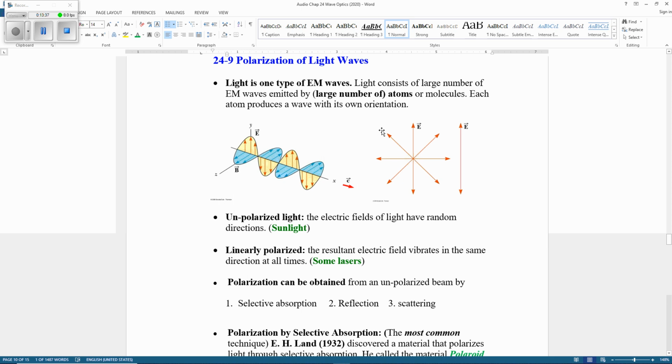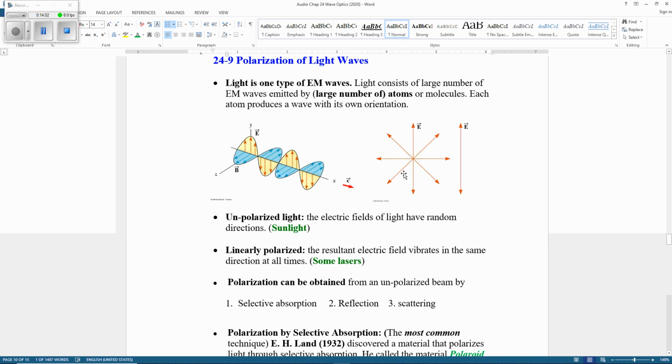So this kind of light we call unpolarized light. Sunlight is an example. But now if the light only goes one direction, only up and down along one direction, that's polarized. But most lights will be like this, going in all directions.